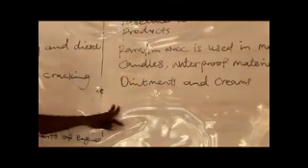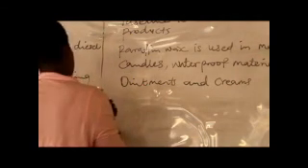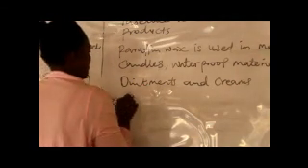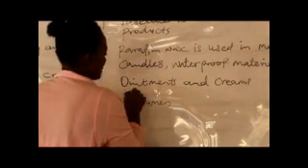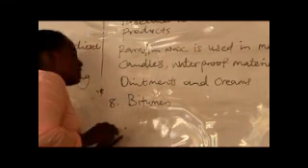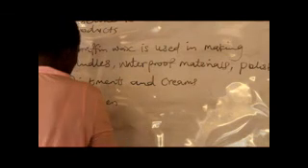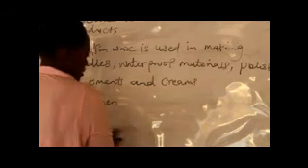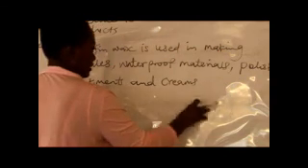Now let's look at the other fraction, bitumen and other residues. Just as I told you last week, bitumen is that black liquid that construction companies use in making the surface of the road. Normally they call it coal tar.